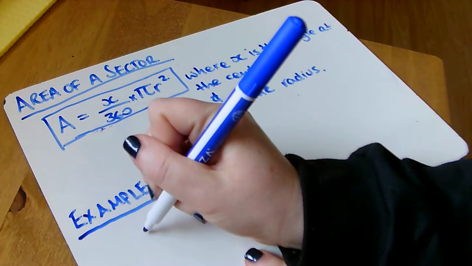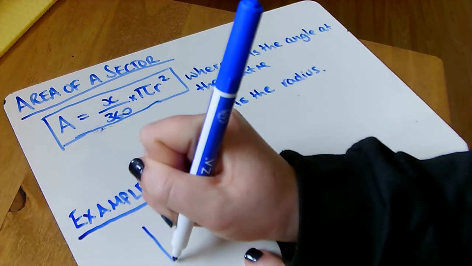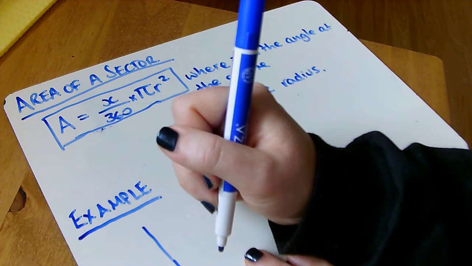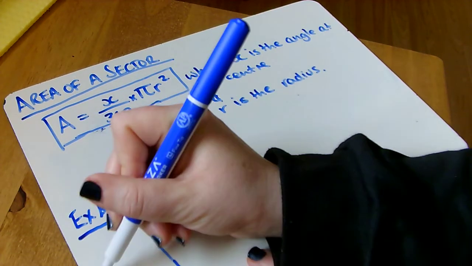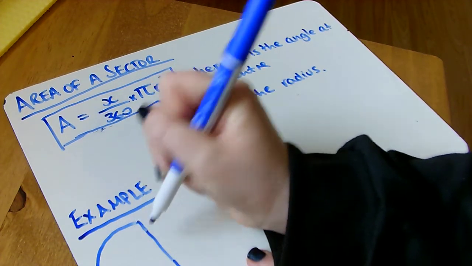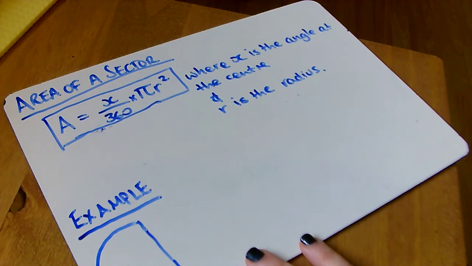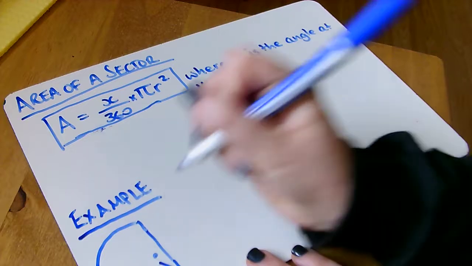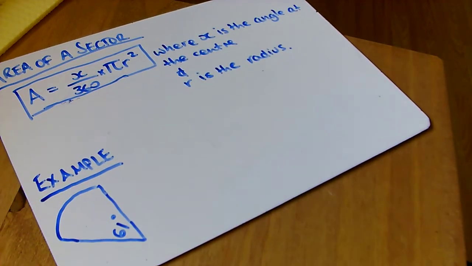So say we've got a sector like this, and the angle at the centre is, I don't know, 61 degrees. Okay.